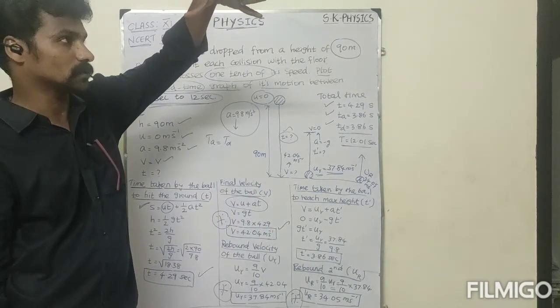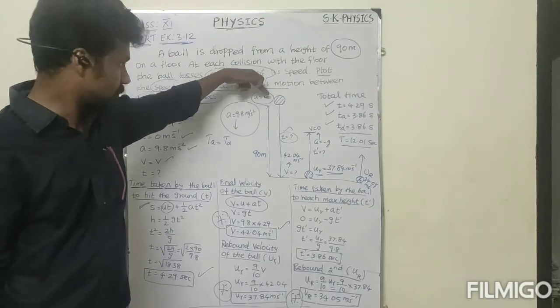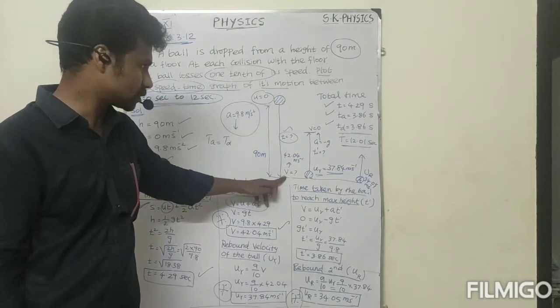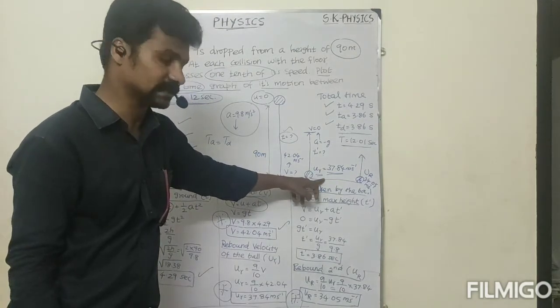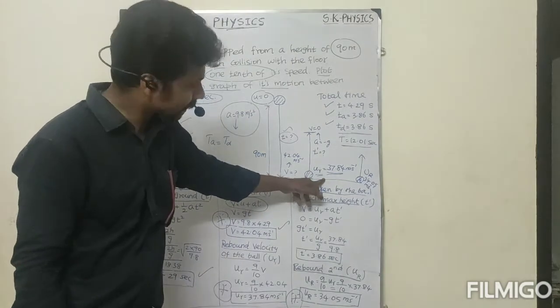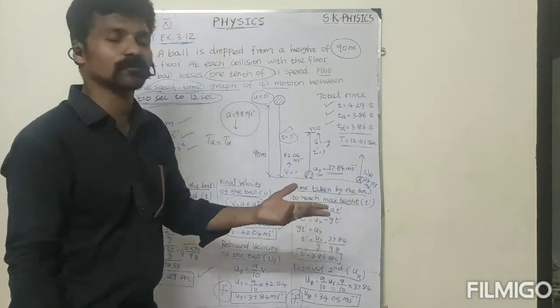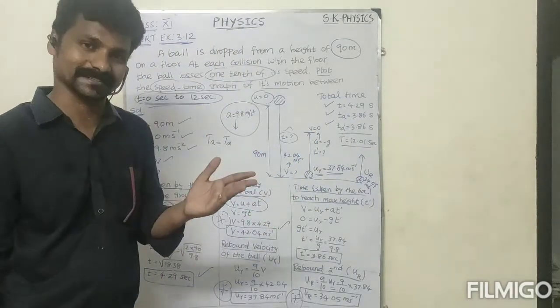Initially 0, then 42.04, again 10% is reduced, 37.84, again 10% is reduced, 34.05, up to 12 seconds.